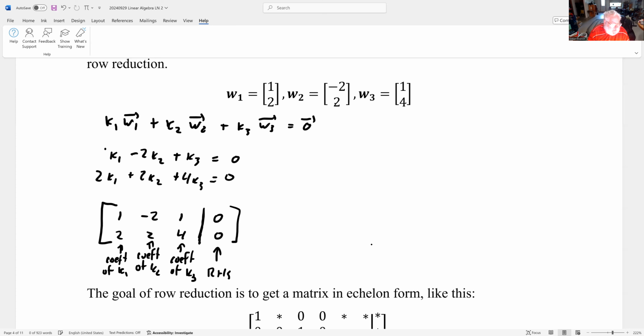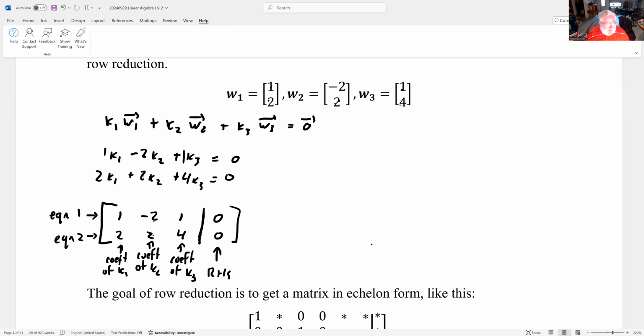So K1 has coefficients 1 and 2, K2 has coefficients minus 2 and 2, K3 has coefficients 1 and 4. And this row represents equation 1, this row represents equation 2, and note that these columns are actually these vectors.